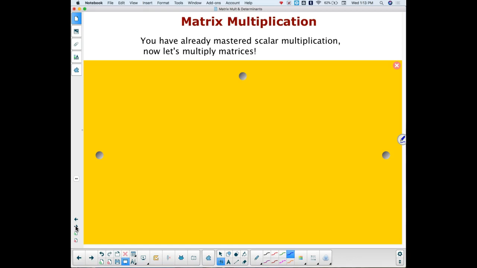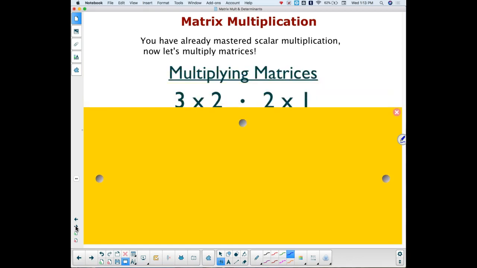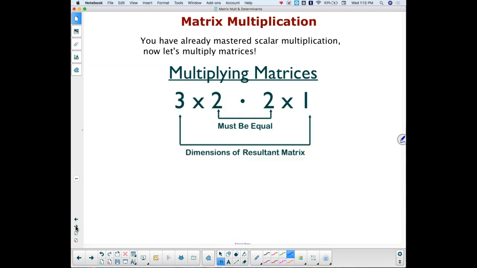In matrices, we have to look at their dimensions first. When you're multiplying two matrices, you're going to have one on the left and one on the right. So you have to line up the dimensions of the left one with the dimensions of the right one.